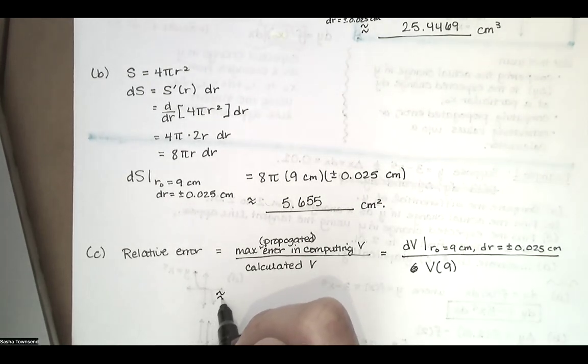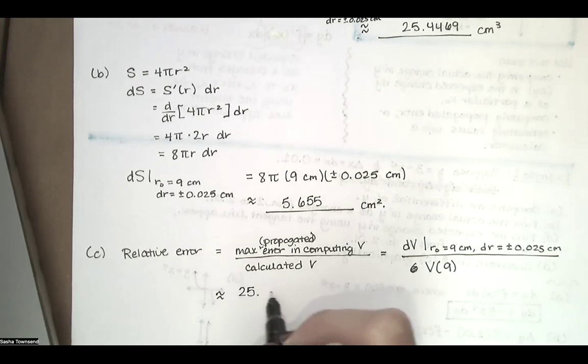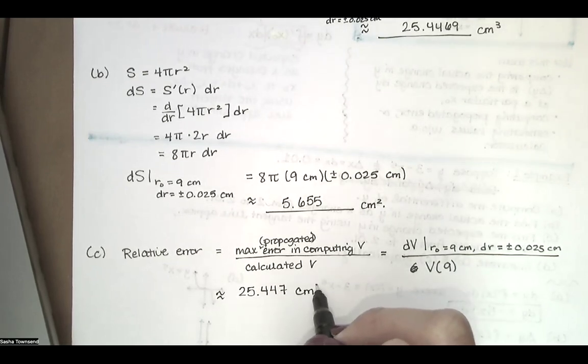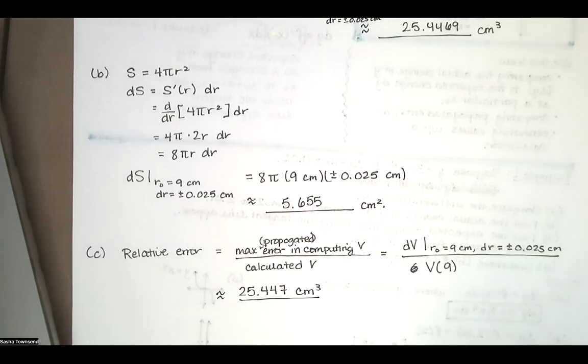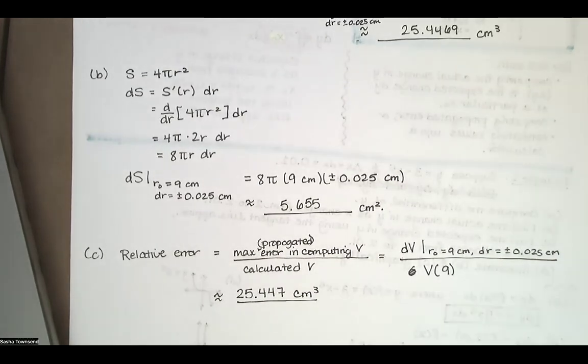And so what we get is approximately that 25.447 centimeters cubed divided by the volume at 9 centimeters.